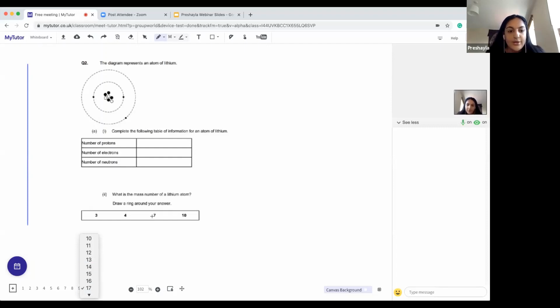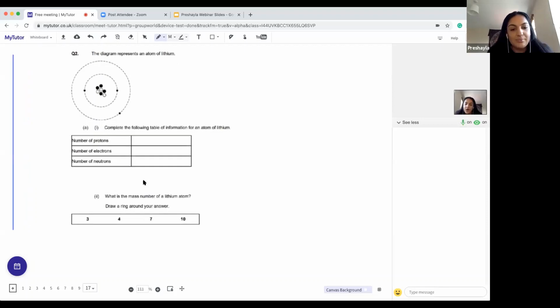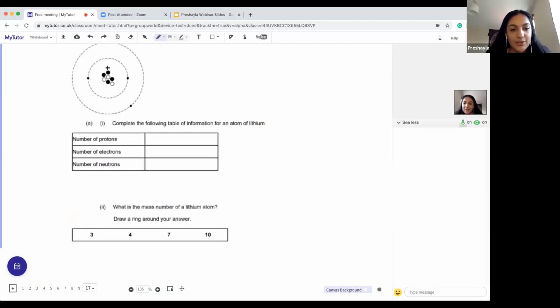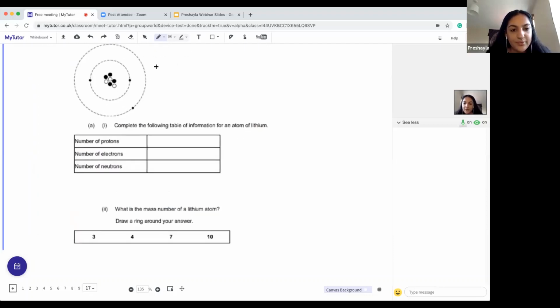Okay, so let's try some practice questions. These are a mixture of all the topics that we've covered so far. So this diagram represents an atom of lithium. And you can see that we've got electrons, we've got protons, and we've got neutrons.